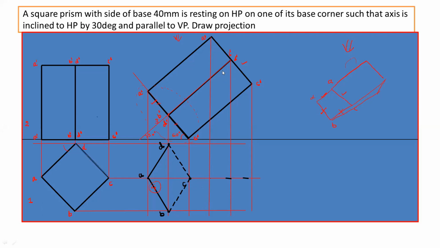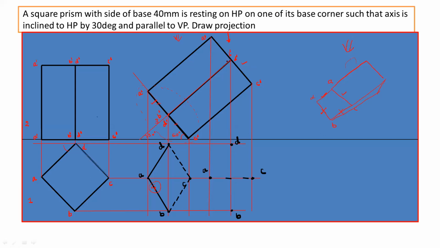Now next, try to find out the intersections from the top base. So this is A and B. You can observe the projectors. This is the B projector, this is the A projector. This is the point C and this is the point D. Now, if you observe from the top direction, then this complete top base is visible.